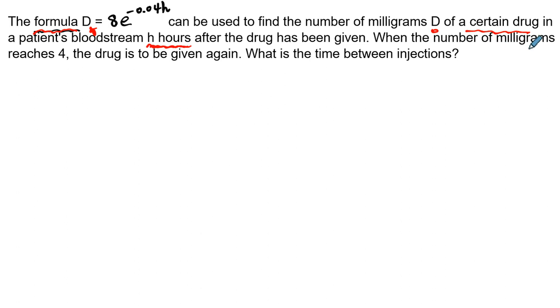When the number of milligrams reaches 4, the drug is to be given again. Initially the value is 8, and then it goes down because of the negative exponent.